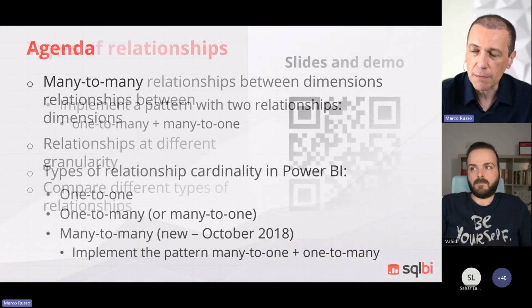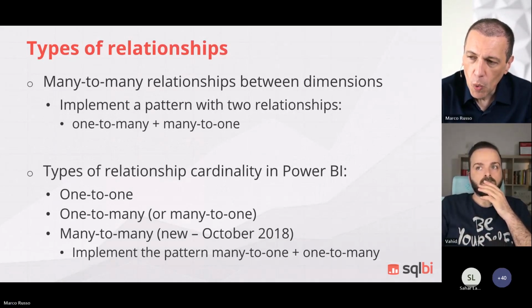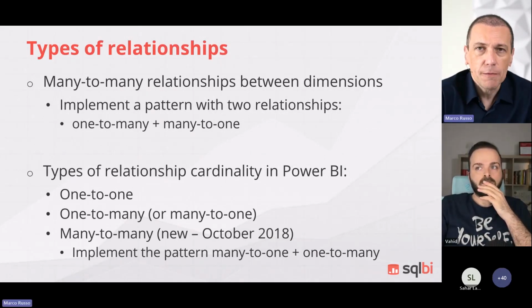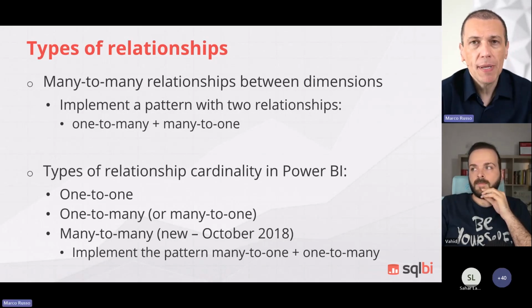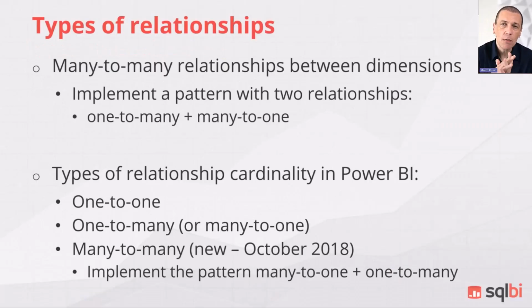So let's start with the first one. When we have a Power BI model, the best relationship you can create is a one-to-many relationship, which means that, for example, you have a table containing sales, and each transaction in the sales table defines an event happening at a particular point in time for a particular product, for a particular customer.